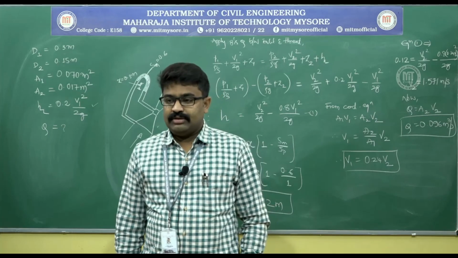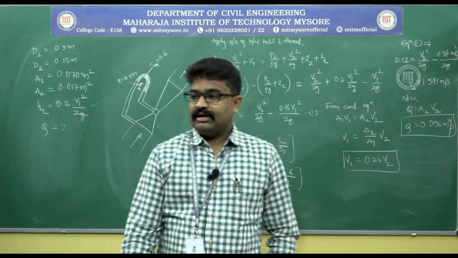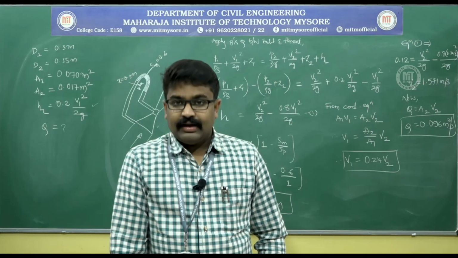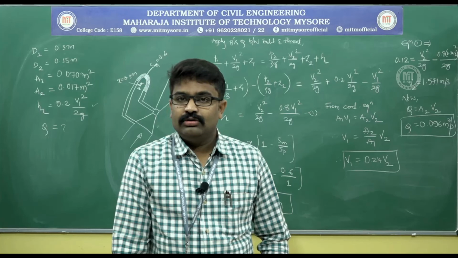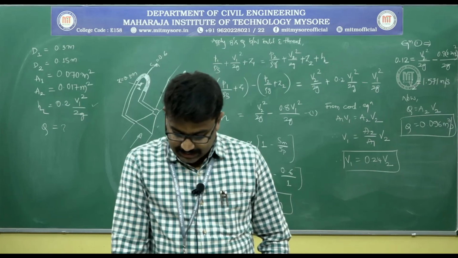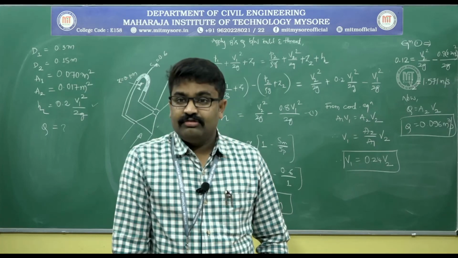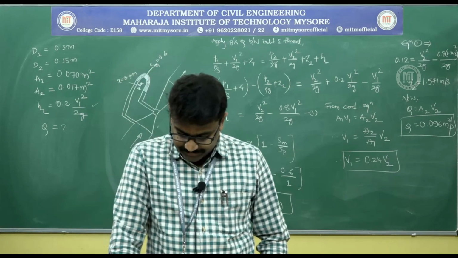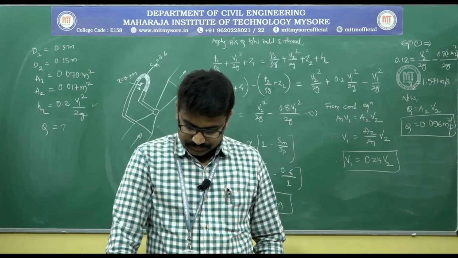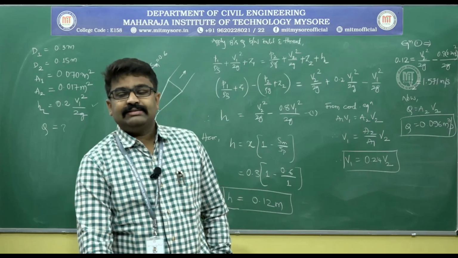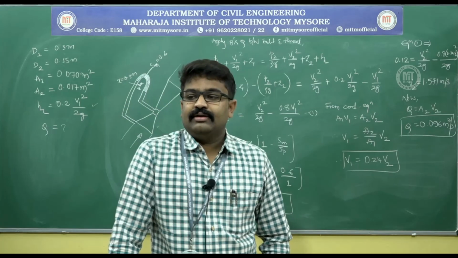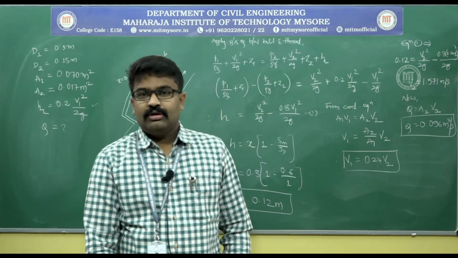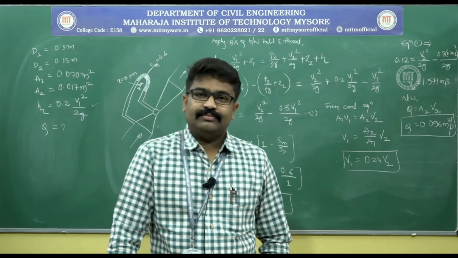A vertical venturimeter has an area ratio of 5. It has a throat diameter of 10 centimeter.